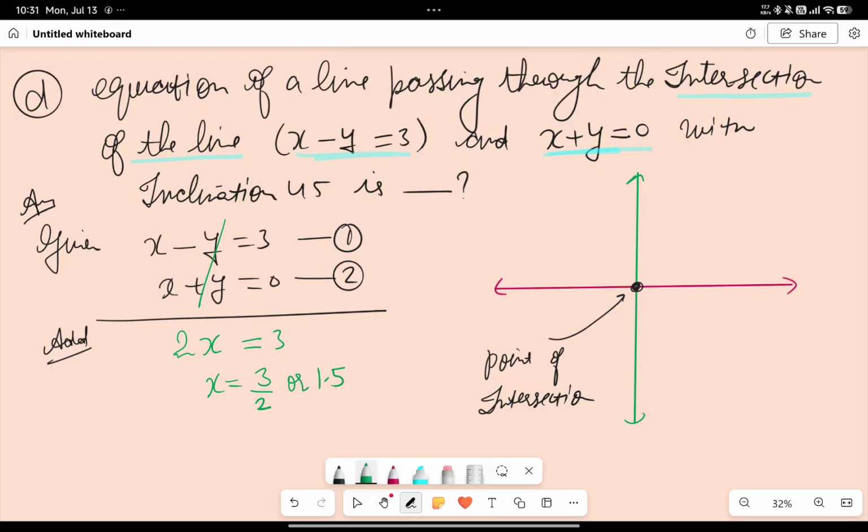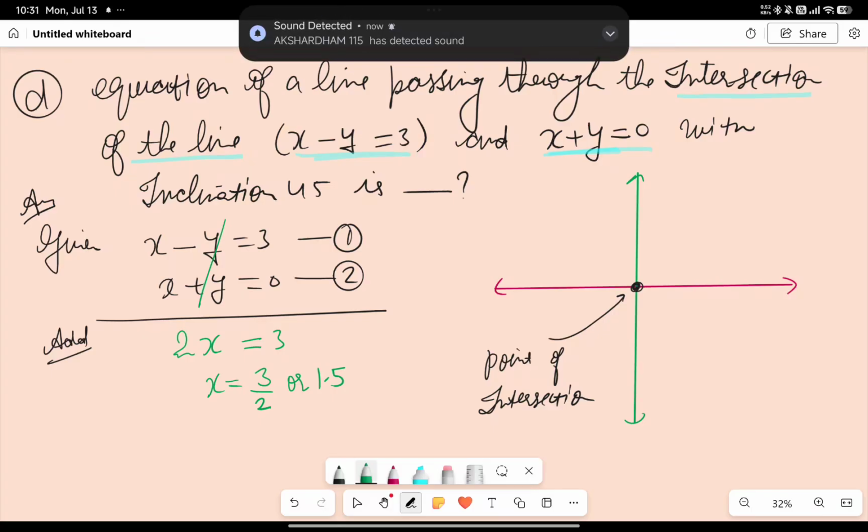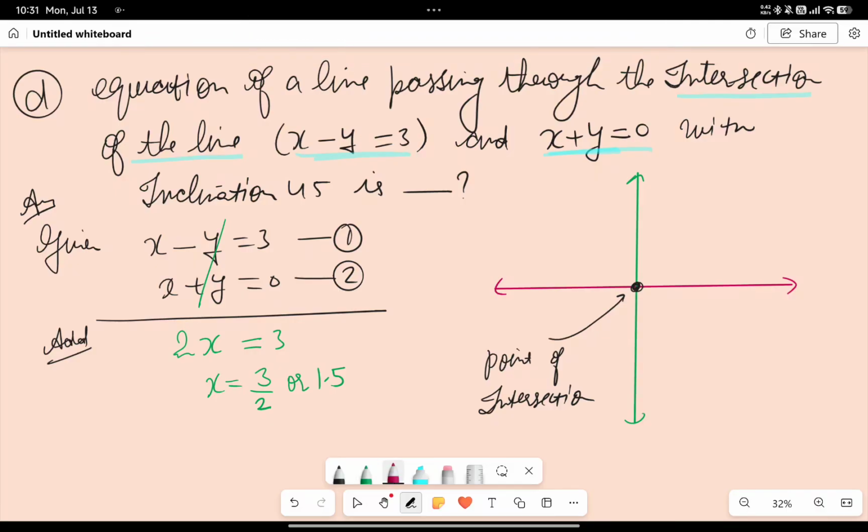Fine. Now the equation of a line passing through the intersection point. The line which will pass through this point, the point of intersection, would have a slope.